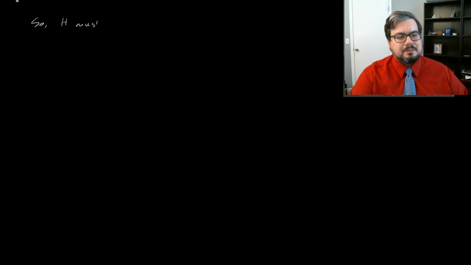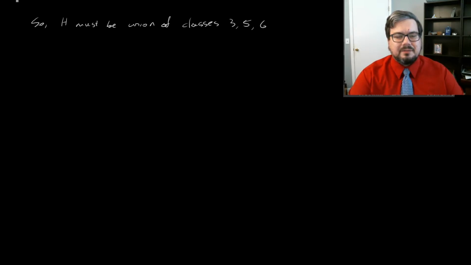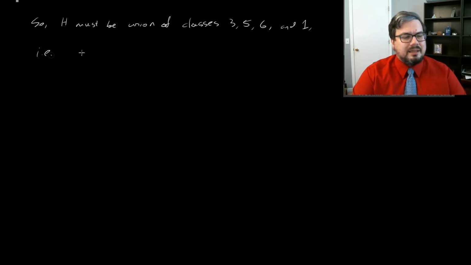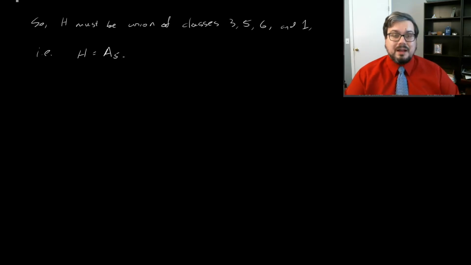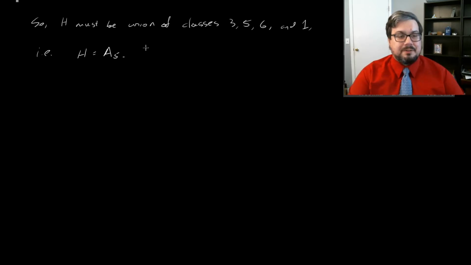H must be the union of classes 3, 5, 6, and 1, of course, i.e. H must be the alternating group A5. The alternating group A5 is the only proper non-trivial normal subgroup of S5.